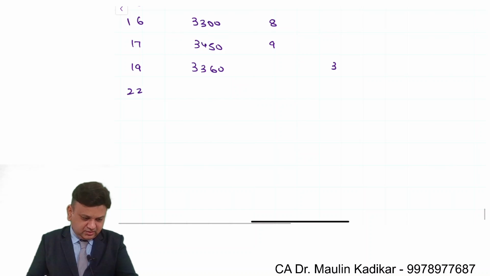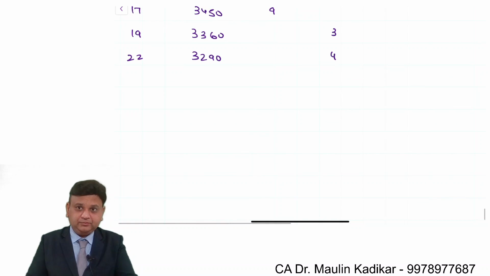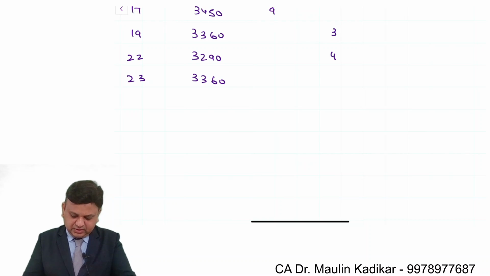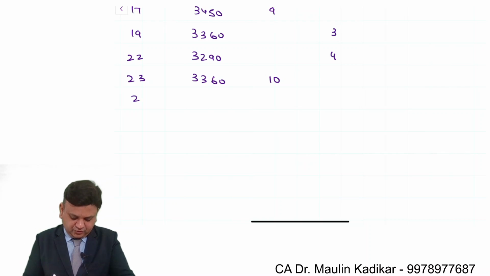On 22nd, 3290. Again price falls down. On 23rd, 3360. The price is going up. On 24th, 3340. So the price is falling down.